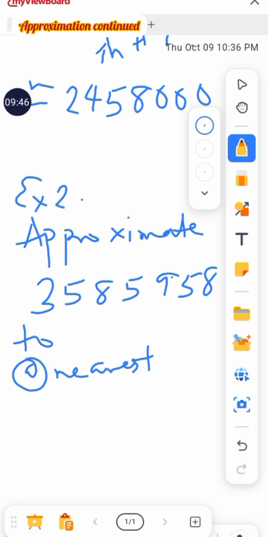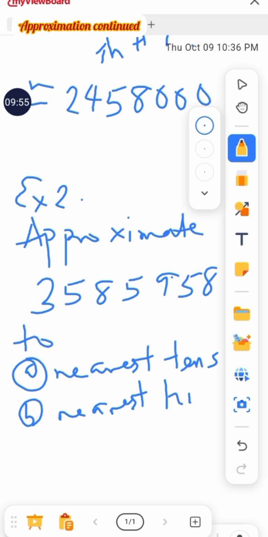This one is going to be a bit long. Nearest tens, it will encompass everything. Nearest tens, nearest hundred. Okay, the next one, nearest thousand.